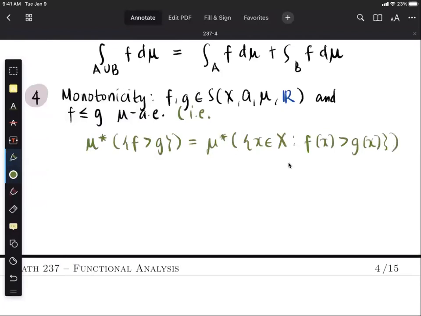The outer measure should be 0. So again, since these are simple, it is enough to consider the pre-measure.